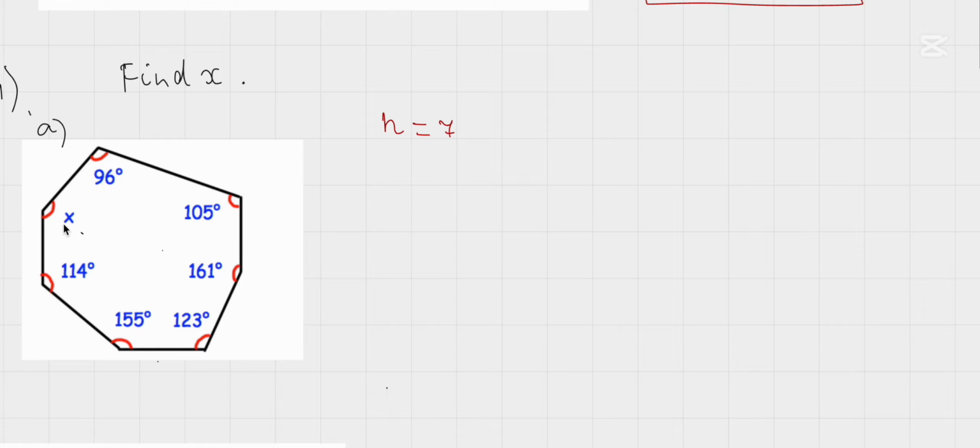So we can find x as the angle sum minus sum of these given 6 angles. So the angle sum will be 180 times 7 minus 2, which is 180 times 5, and it makes 900 degrees. So let's add this all 6 angles and subtract from 900 to get what x is.